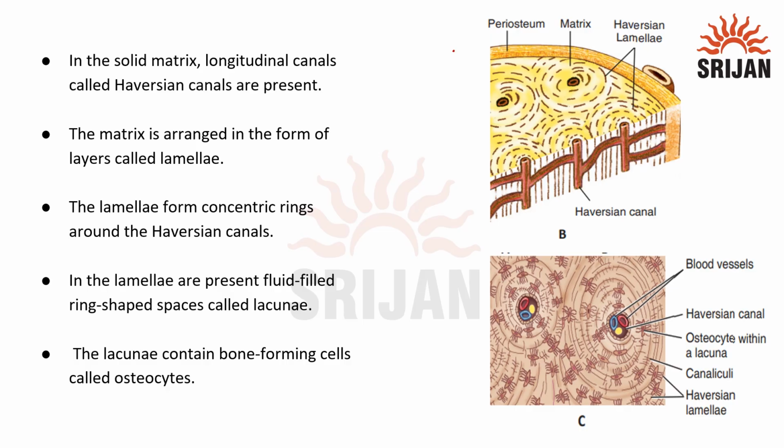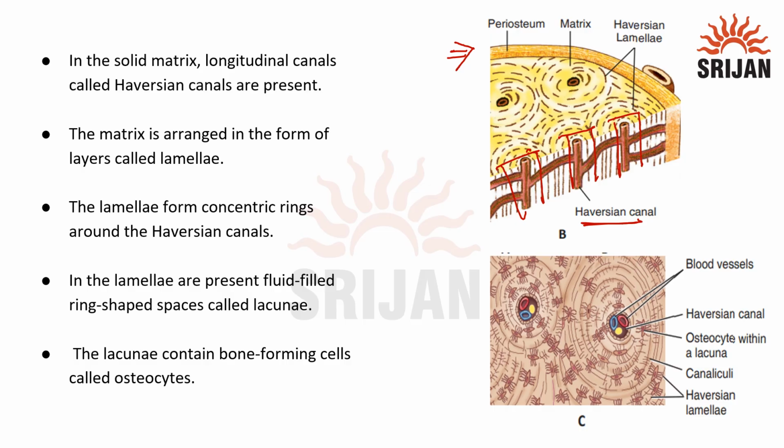Now, as you can see in this image, this is the solid matrix, and you can see this red colored part. These canals run throughout the matrix, and these longitudinal canals are called Haversian canals.